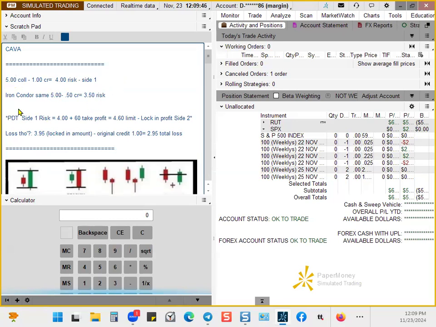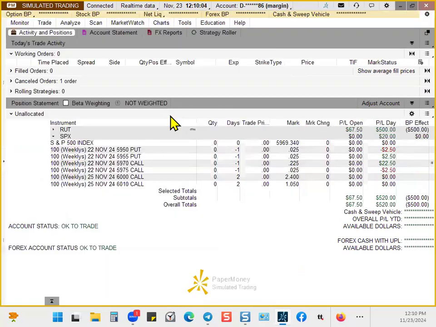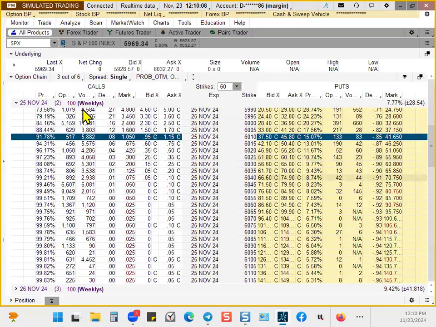But once you're on side one, you can share your collateral by doing the iron condor. And to be fair, understand that a PDT hack is also an iron condor. All an iron condor is essentially is doing a trade on both sides, call and put, on the same expiration.